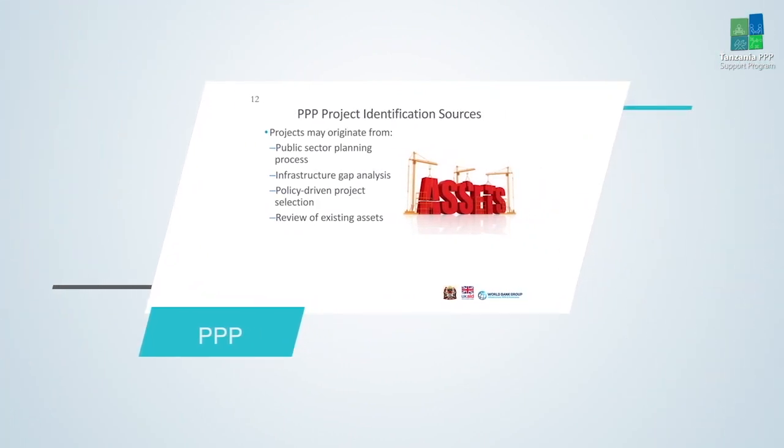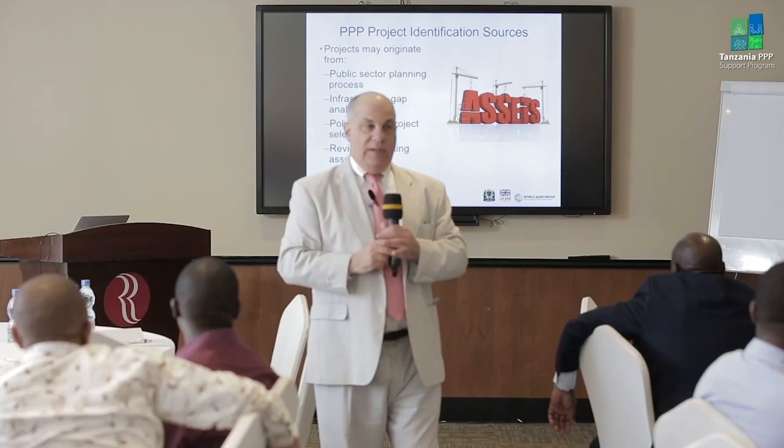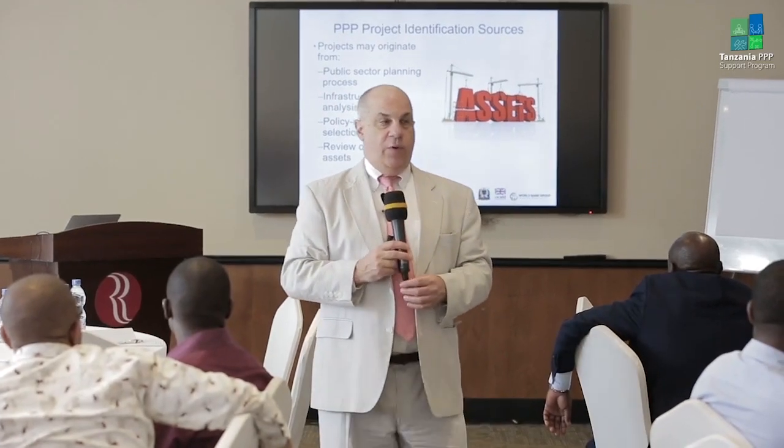They'll be advocates for them. Sometimes even in their campaigns, they will run with promises to have something built. And there's always a review of the existing assets. As we know, government assets tend to get run down through deferred maintenance, and occasionally those will be surveyed and needs will be identified.